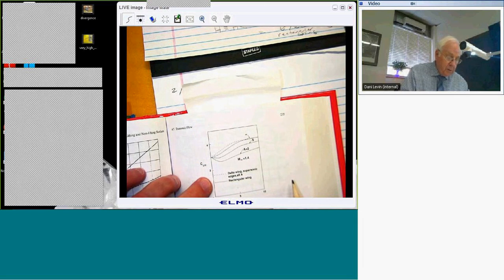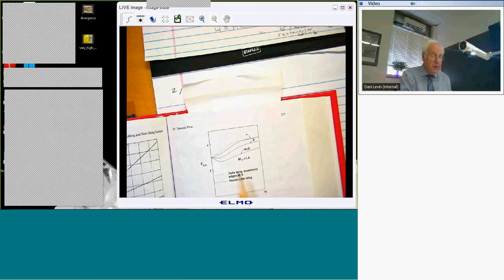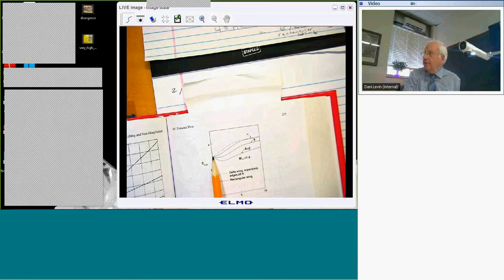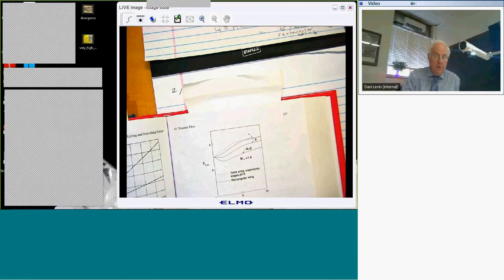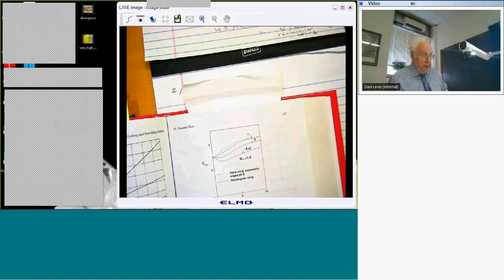Let's see, 4 over 1.4. What is that? Pretty close to 3, right? Yeah. So all of these results start out at piston theory, right? And then later on, as time evolves, things change a bit. Okay. So I think that's interesting.